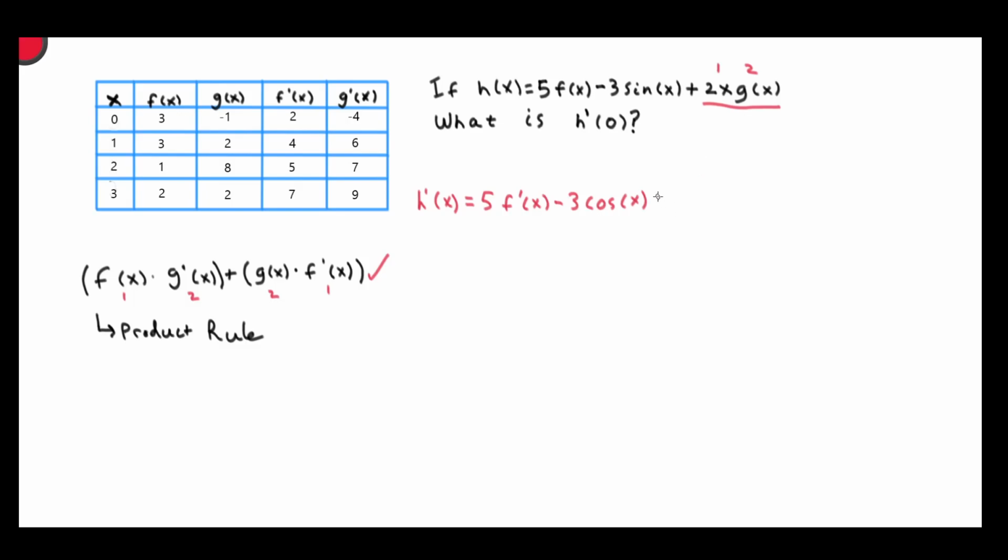So starting off, our first term is just 2x, and then we multiply that by the derivative of our second term, which in this case is g prime of x.